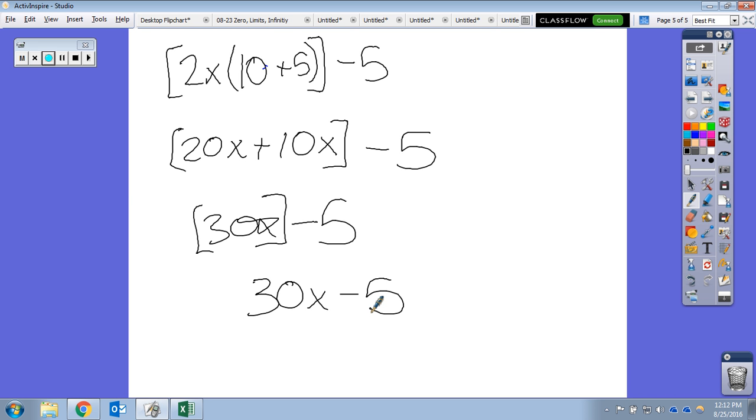Yes. You mean the minus sign in front of the 5? Yeah, because I thought there were parentheses, so I would multiply 30 by -5. Oh, okay, good. That's a good question.